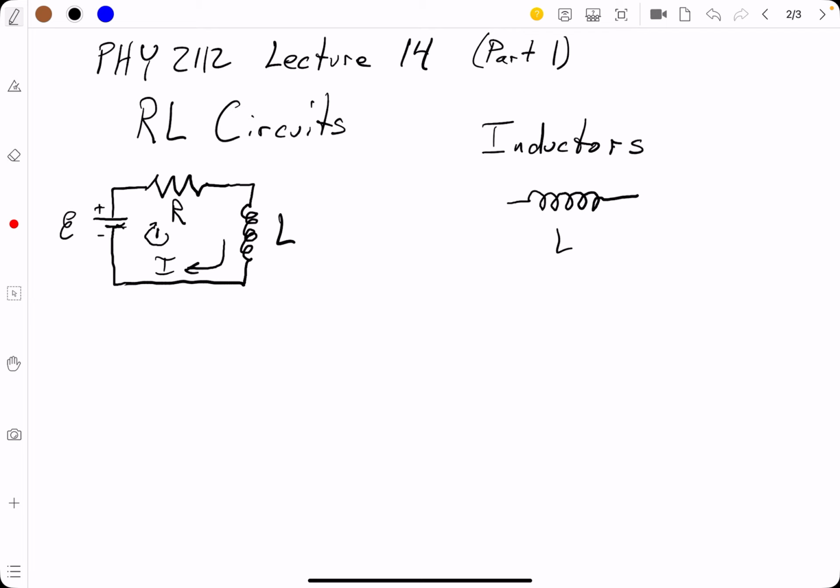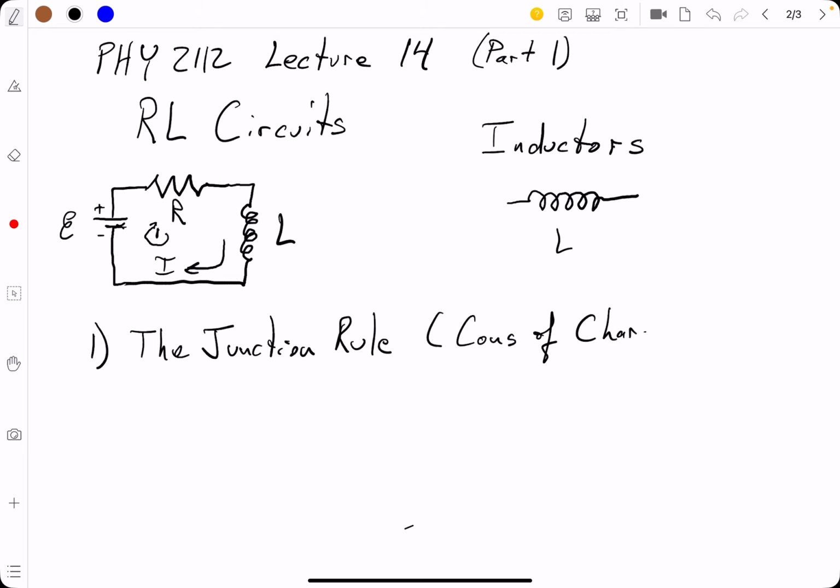We have no splits. There's no split happening, so the junction rule doesn't apply. Okay, so what is it based on? Conservation of charge. But it doesn't apply, right?